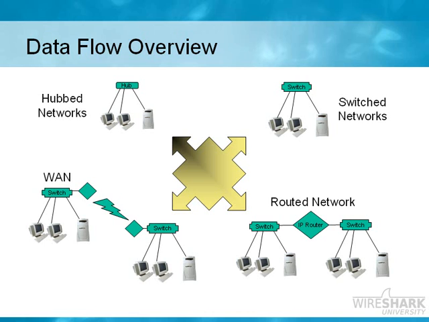So we may have to make adjustments to make sure that the traffic we're interested in is visible to us. It's the same thing in a routed network, whether it's a local routed network or you have a WAN in there. We need to make sure that the analyzer is placed in an area where we're allowed to see the traffic. And if we're not allowed to see the traffic, we've got to take some steps so that we can get in the path of the data flow.